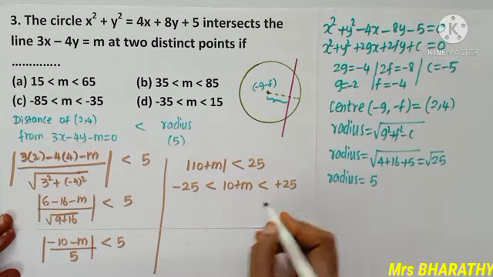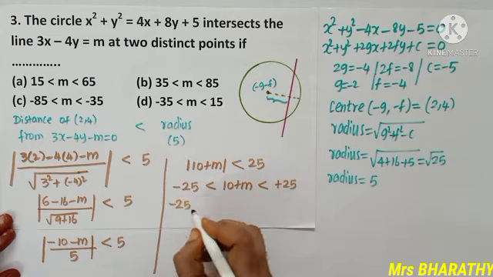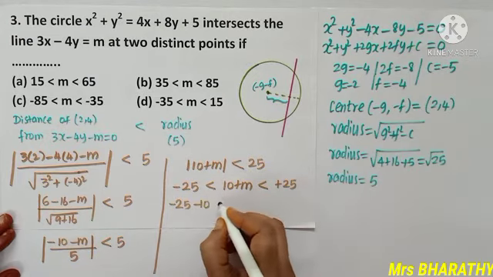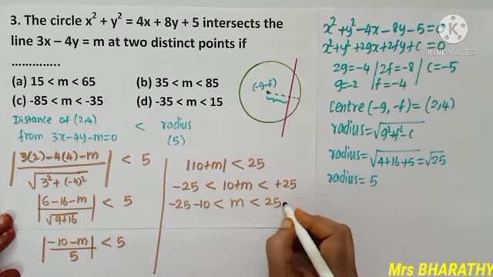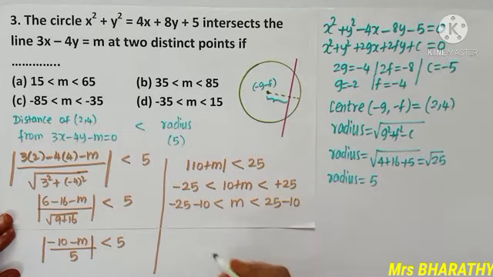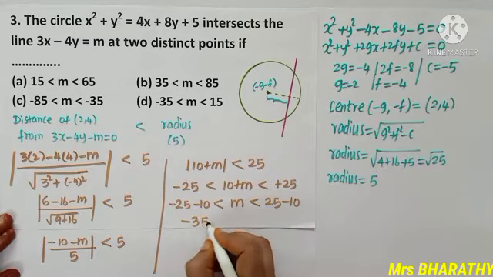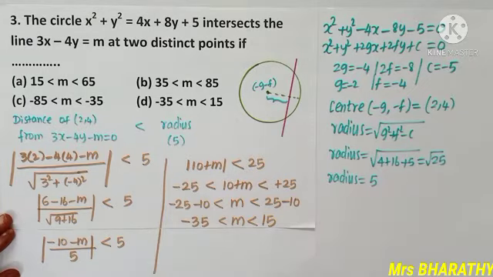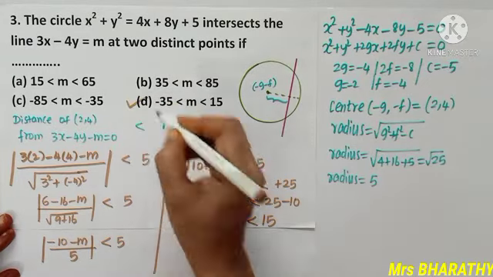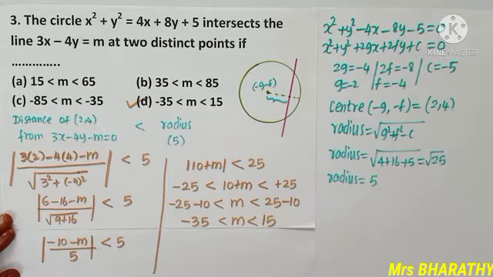Taking 10 to the other side, minus 25 minus 10 less than m less than 25 minus 10. Or if I simplify, minus 35 less than m less than 15. Out of the 4 options, option D is the right option.